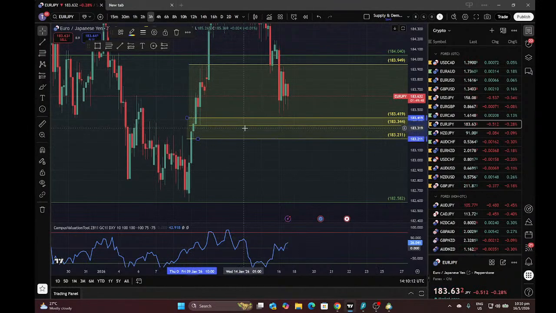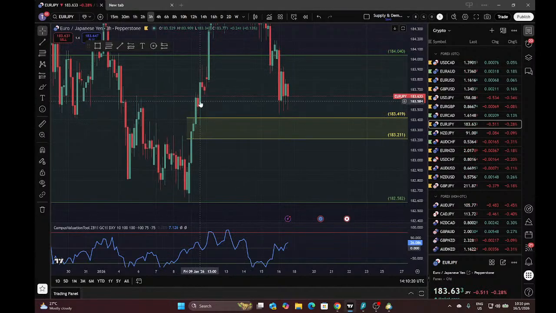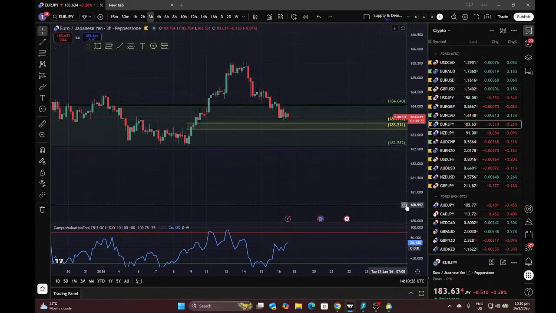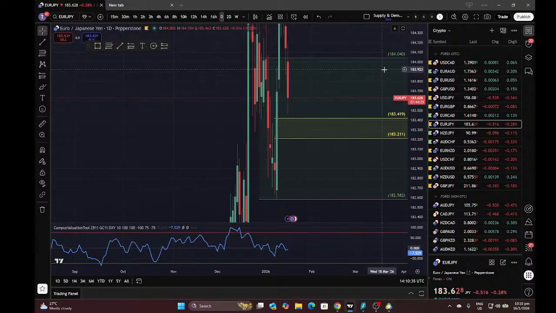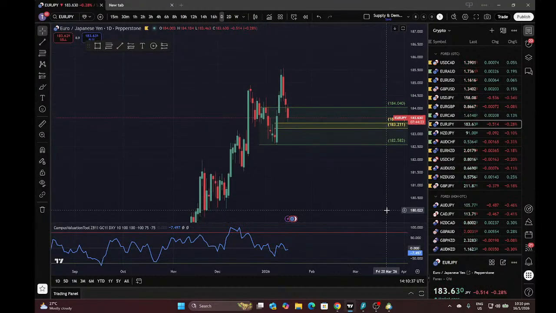This is one of the zones that I can't say is still a valid zone, because you see it's being touched. I don't like this. Generally I like how the whole zone looks at the daily time frame. It looks like I could actually do something here.